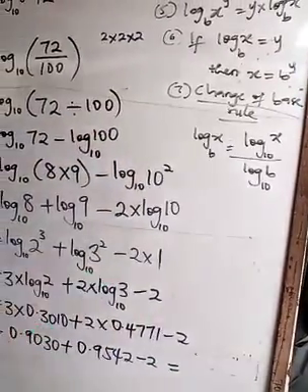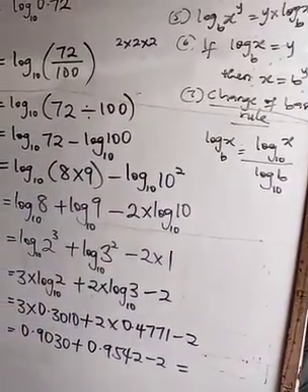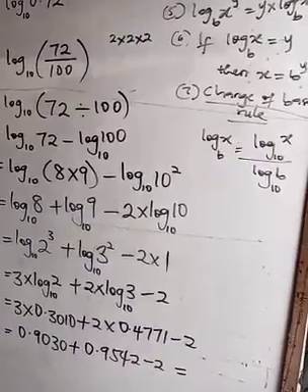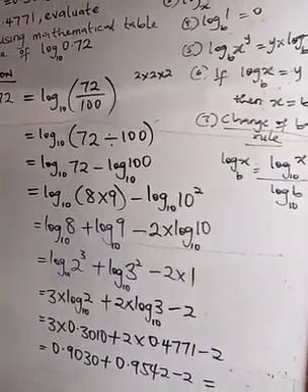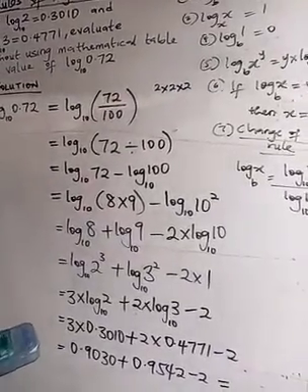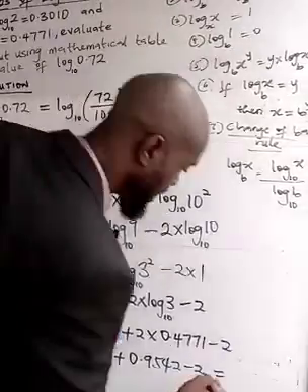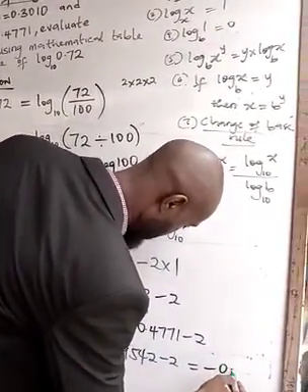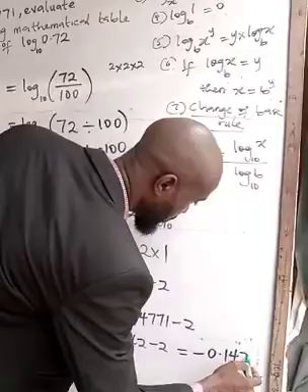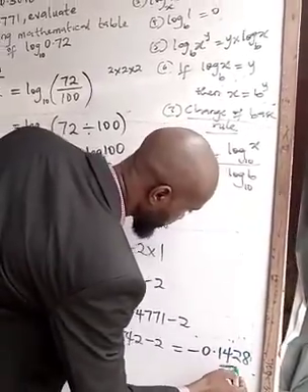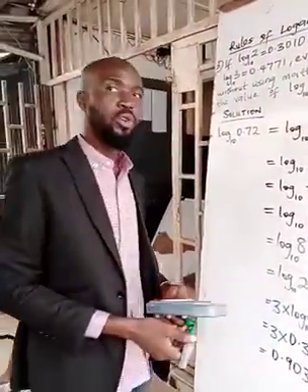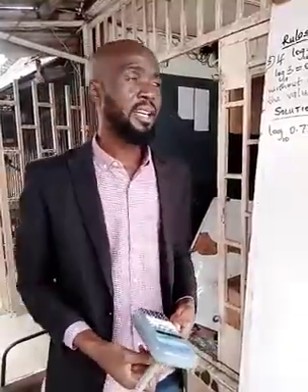So if you sum this up, 0.9030 plus 0.9542 minus 2, the final answer is 0.1428.